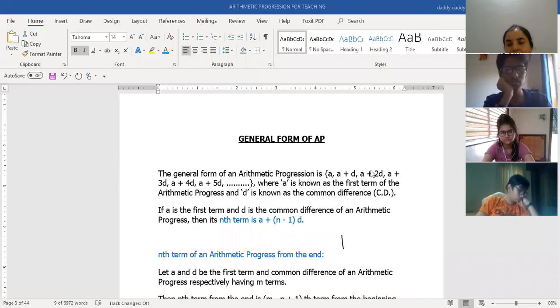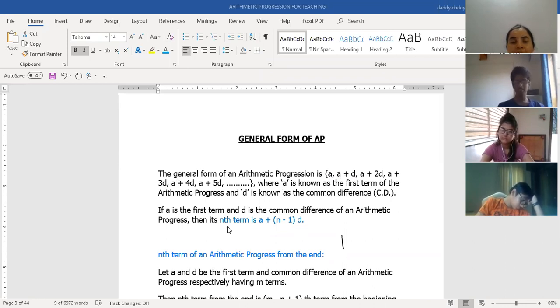If I am talking about the third term, D is attached with one number smaller than 3, which is 2. When I am talking about the fourth term, D is attached with 1 less than 4, which is 3, isn't it? And why is it happening? Because your first term didn't have D. These started appearing from the second term.